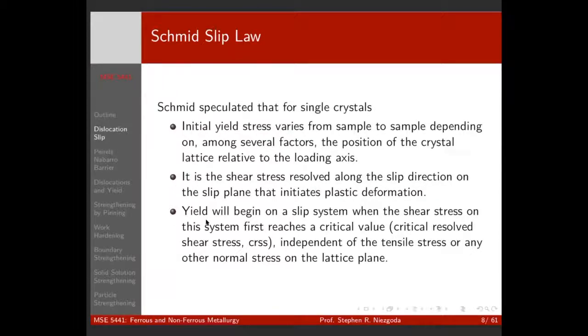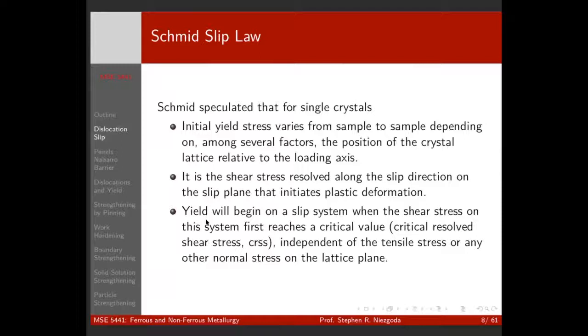Okay, so if we go back to what you learned from the seniors, from Professor Anderson in the mechanical behavior course, you talked about the Schmidt law. You probably also talked about it in the Callister, the 2010 course, I would hope. Schmidt made some observations for single crystals and said that initial yield varies from sample to sample depending on the position of the crystal lattice relative to the loading axis.